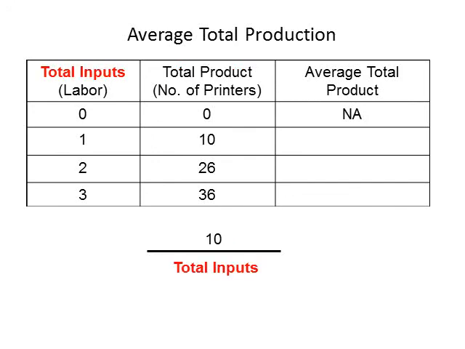Next, locate the total input column and the total inputs variable in the formula. Next, locate the total input for the production of 10 printers, which is 1. Next, substitute 1 into the formula for total input.